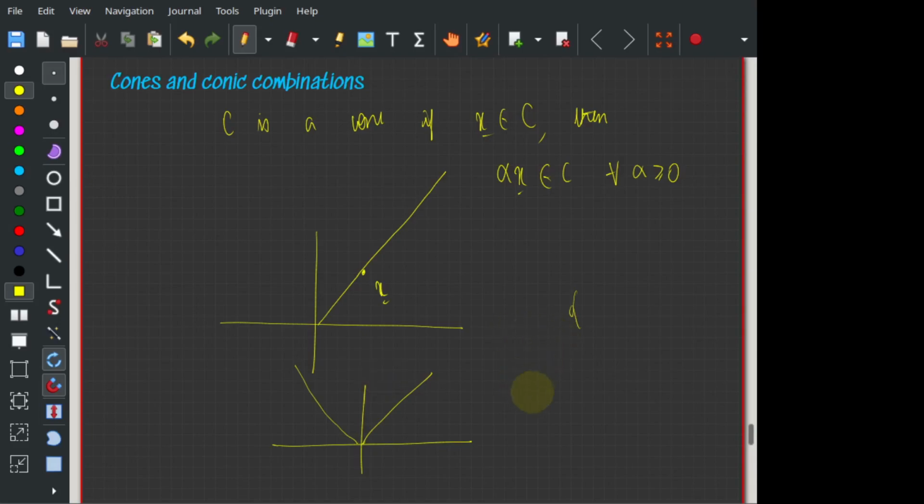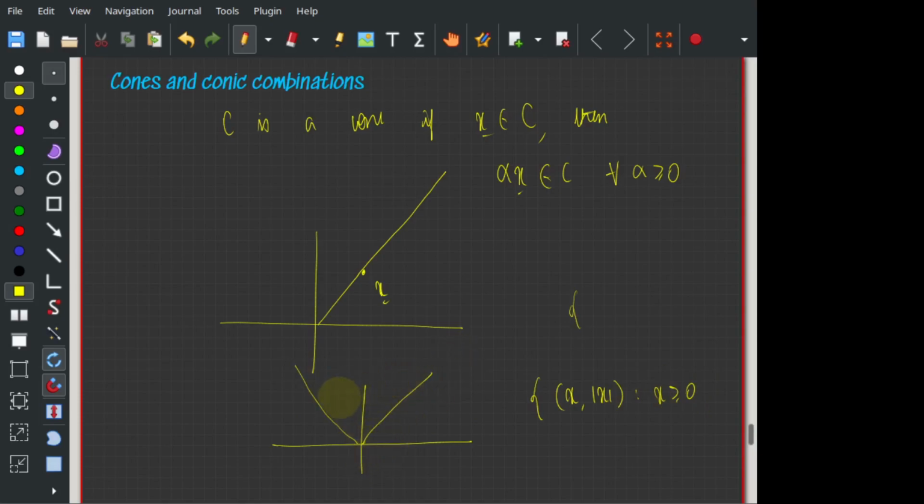You can think of it as the set of all x comma mod x, for x in R. But this essentially just contains two lines, right?